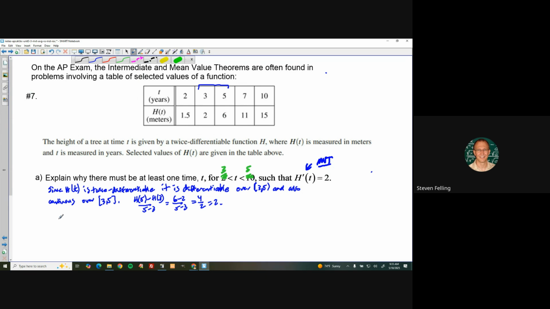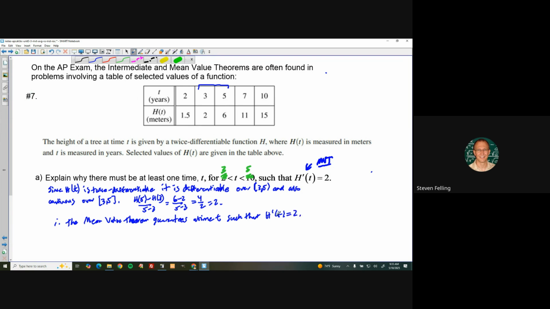And then we can say, therefore, the mean value theorem guarantees a time such that h prime at that t is equal to the average rate of change of 2.